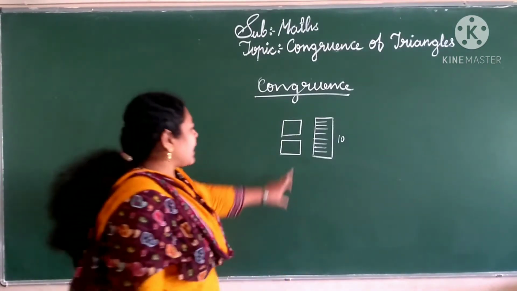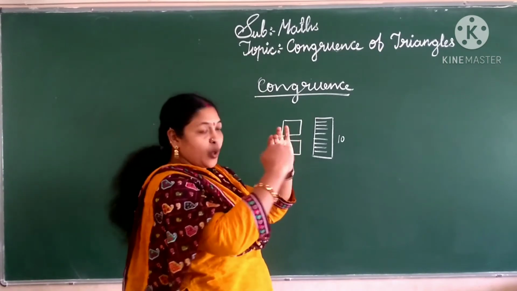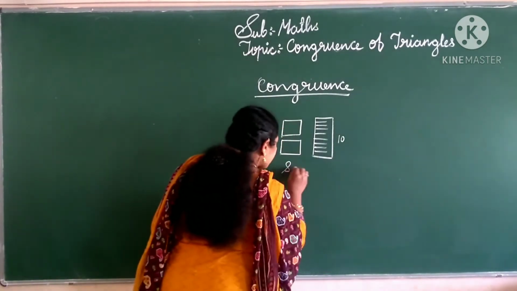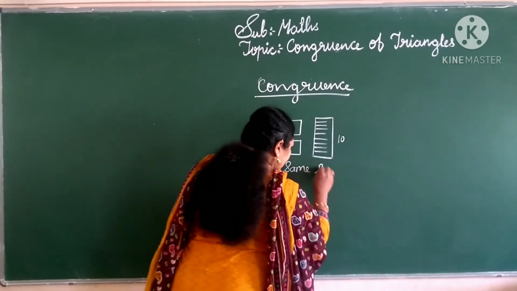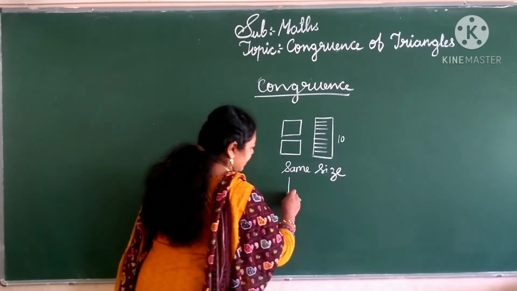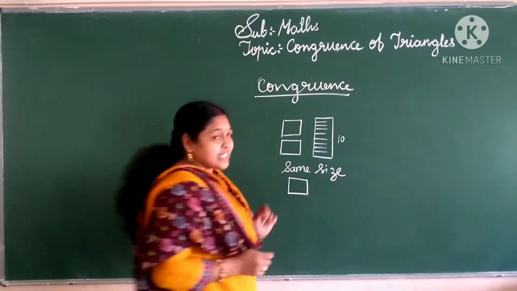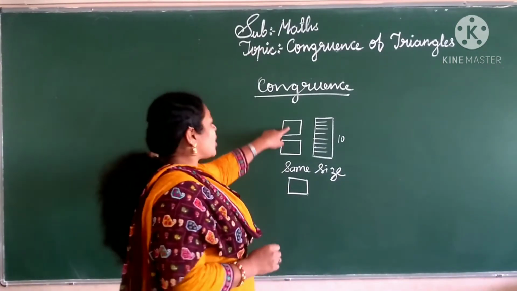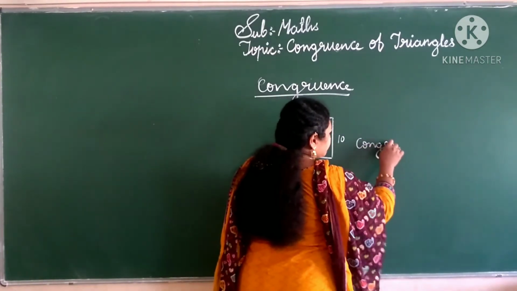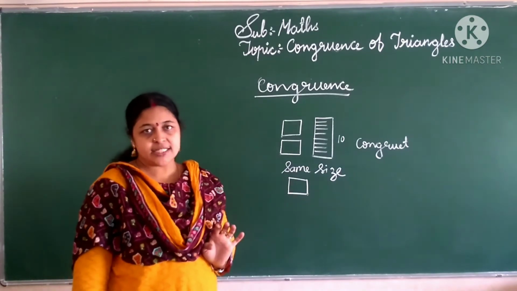And these 10 biscuits will be arranged one below the other, with the same size: same length, same breadth, same thickness. Everything will be the same. That means all these biscuits are congruent.